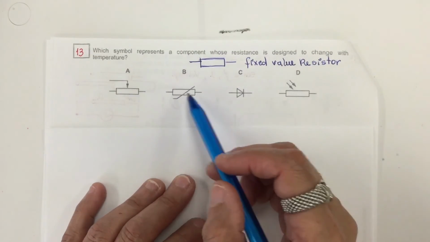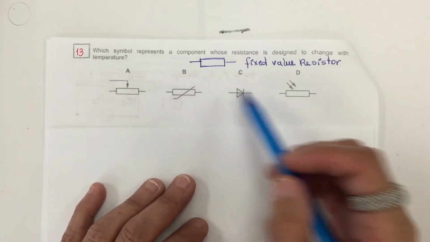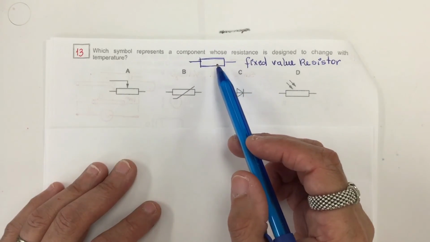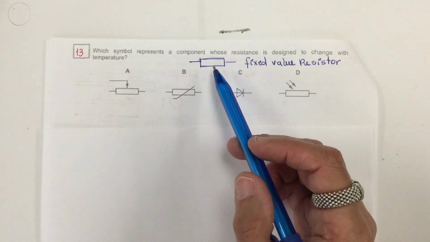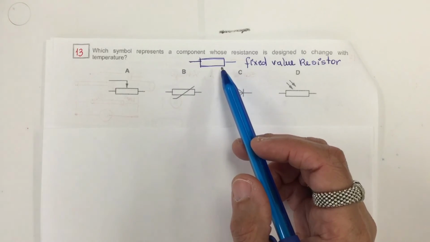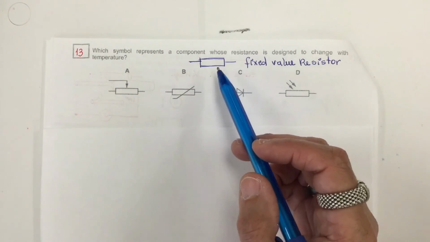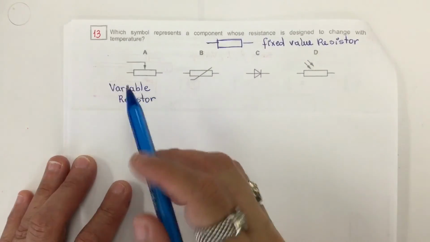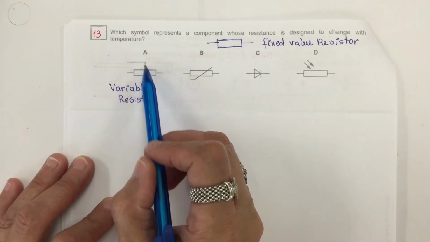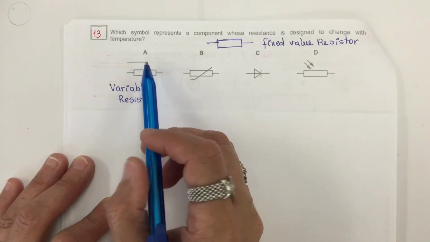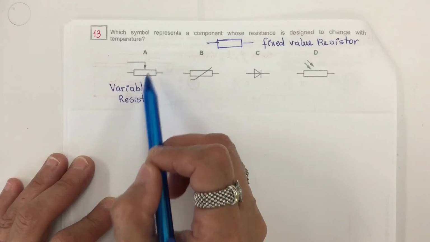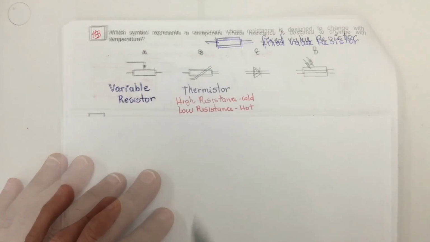So when you have other lines or arrows on that resistor, it means it will change its value depending on some situation. So it's a variable resistor. The first one is a variable resistor. This is a kind of slider that can be set to a low or a high value for this resistor.